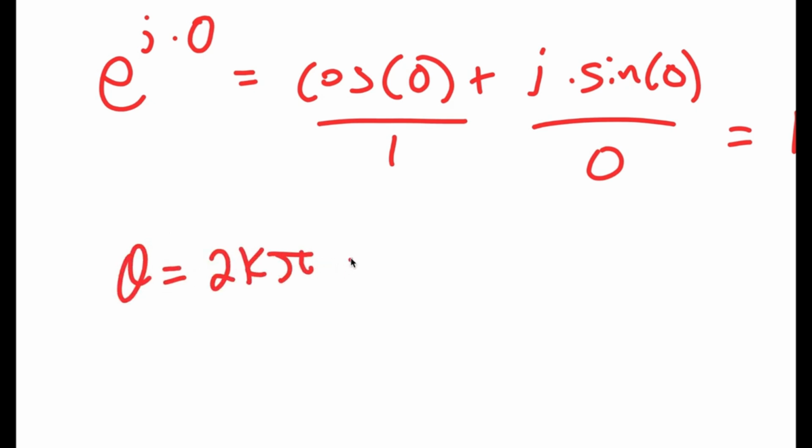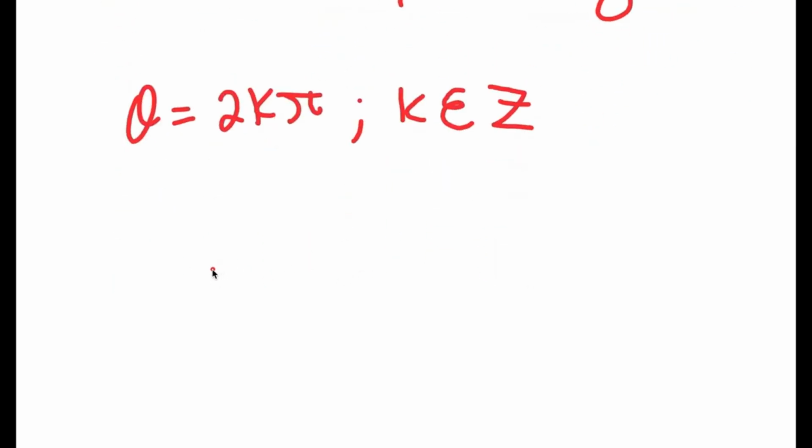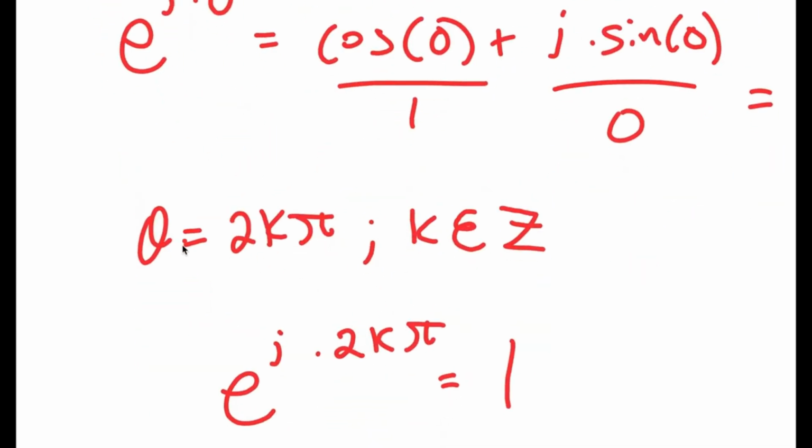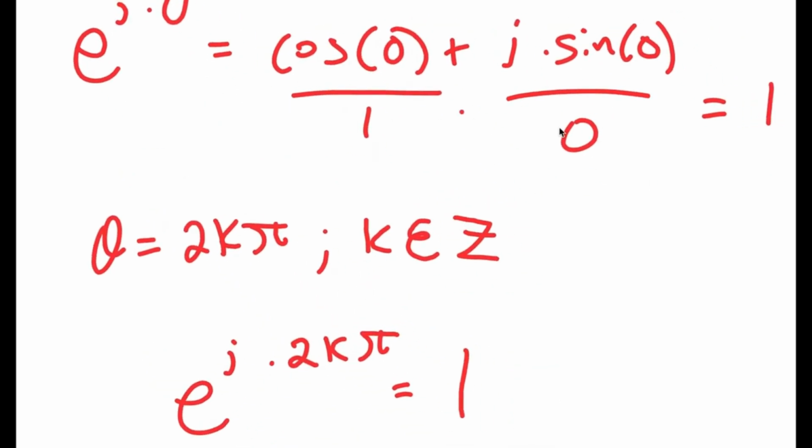And k is just a substitution for all real numbers. So now I get e to the power of i times 2k pi is equal to 1, because all we did was substitute theta in for 2k pi into this same thing.